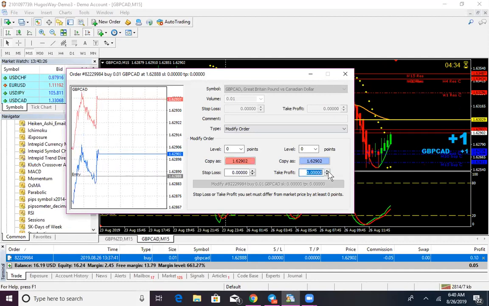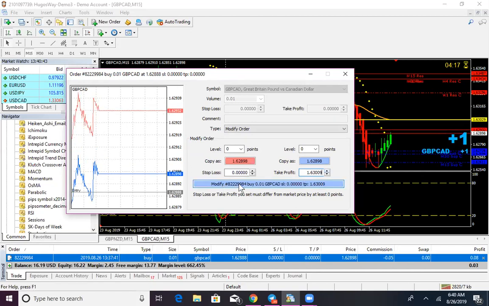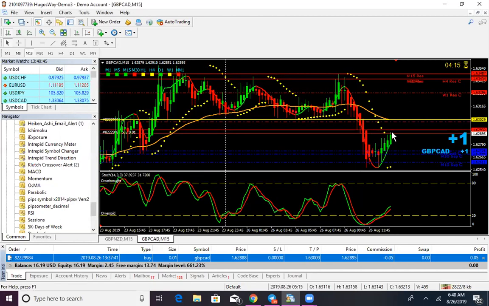I mean 1.62. No, 1.63. I'm gonna put 009. Modify. So now I have my take profit set. You hover on it right there. That's what, 12 pips.